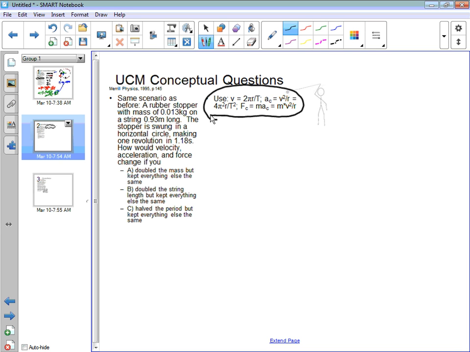The force equation. Okay, so if I double the mass, is that going to change the velocity? No. Will that change the acceleration? No. Will that change the force? Yes, it would double the force.